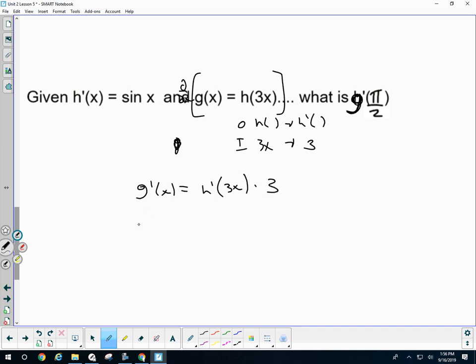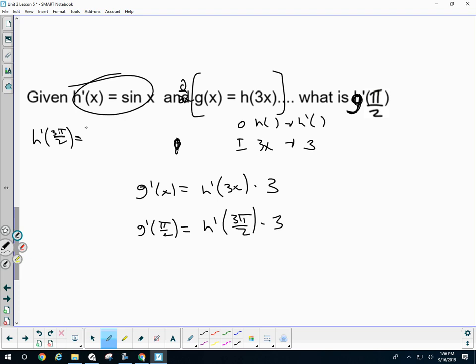Plugging in pi over 2, I get h prime of 3 pi over 2 times 3. Again, they gave you h prime. Sine of 3 pi over 2 is negative 1, so this is negative 3.